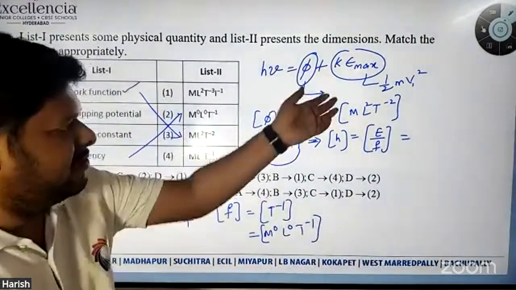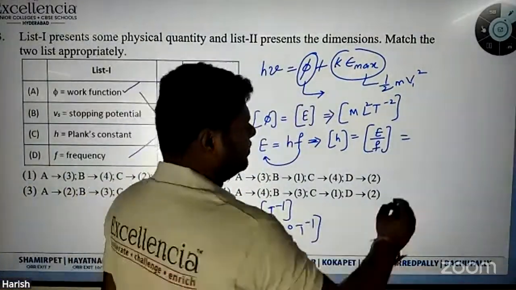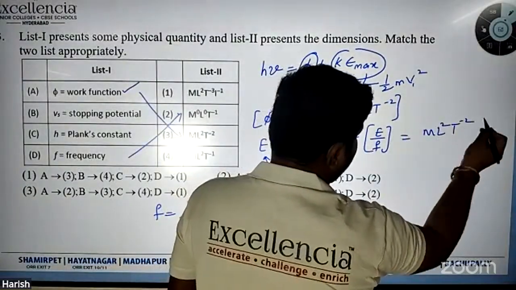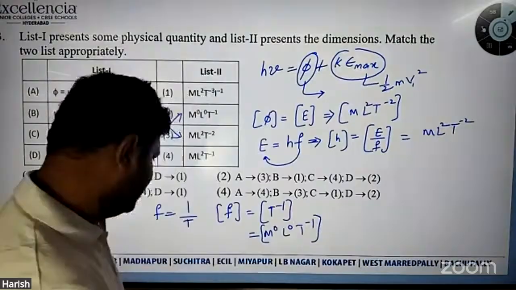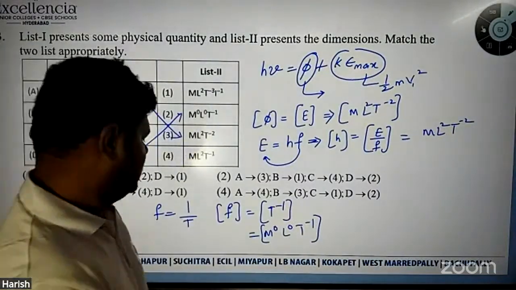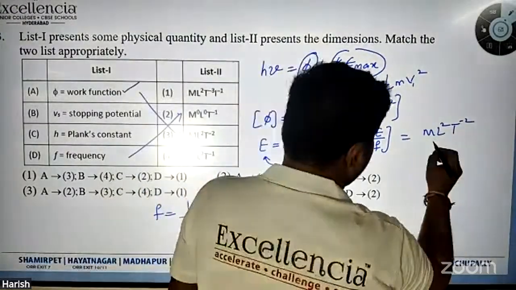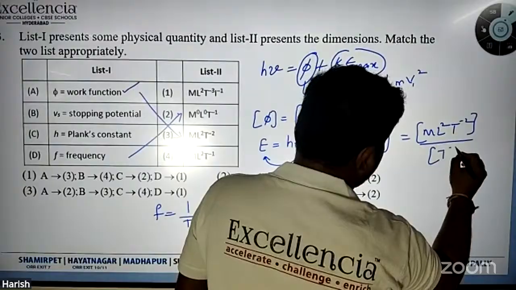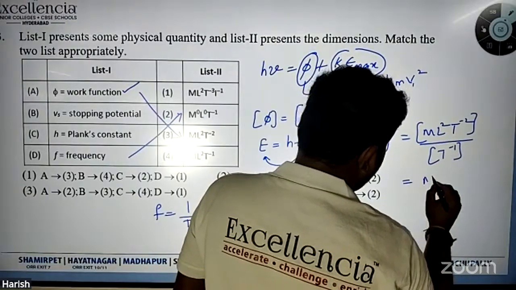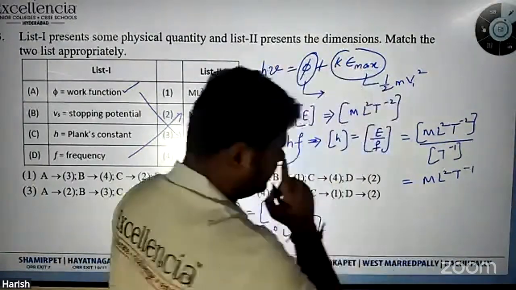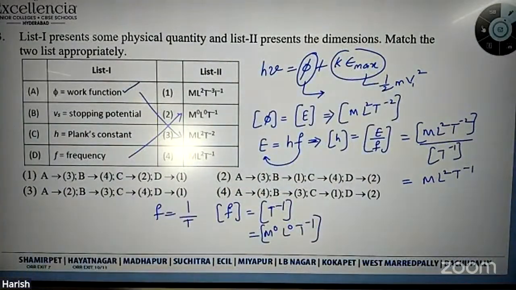Already we got the dimension formula of energy, which is M L square T power of minus 2, and the dimension of frequency, which is T power of minus 1. So this will be M L square T power of minus 1.